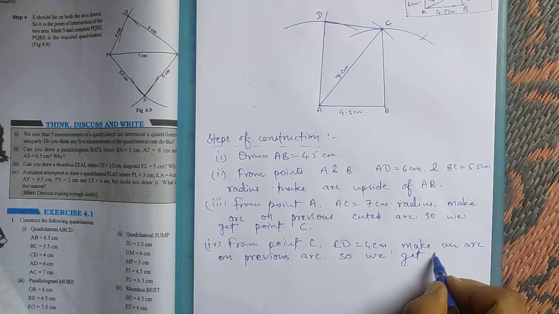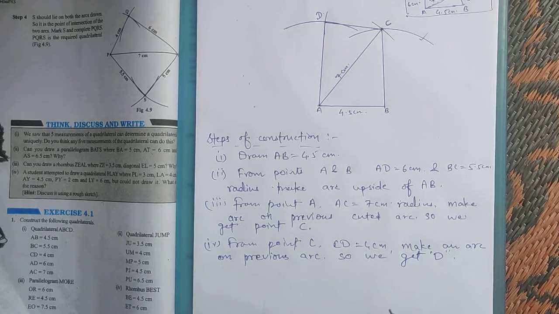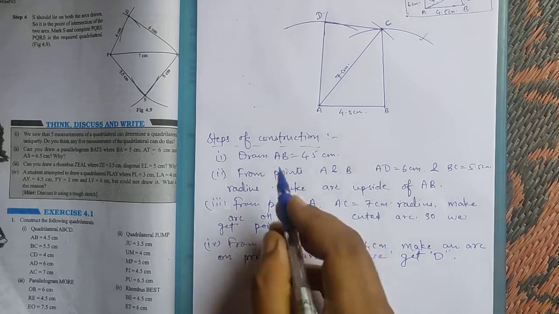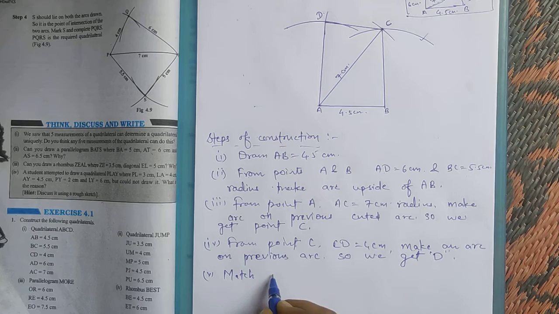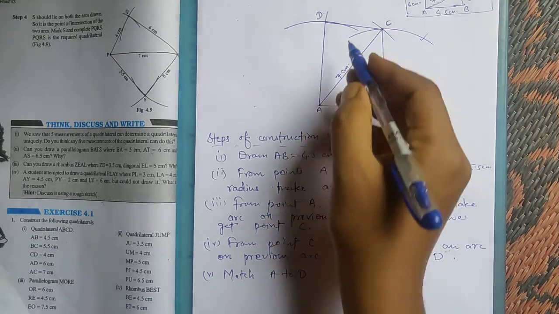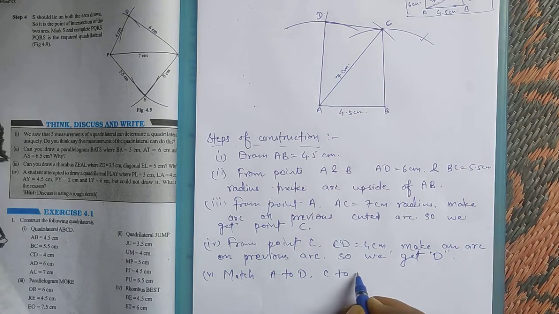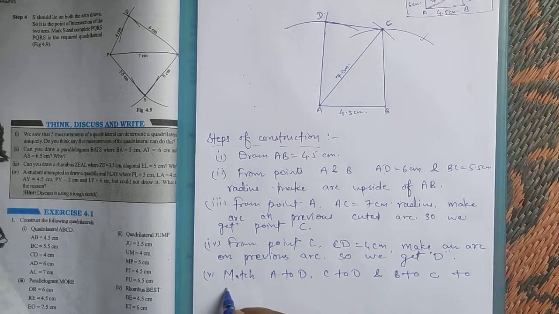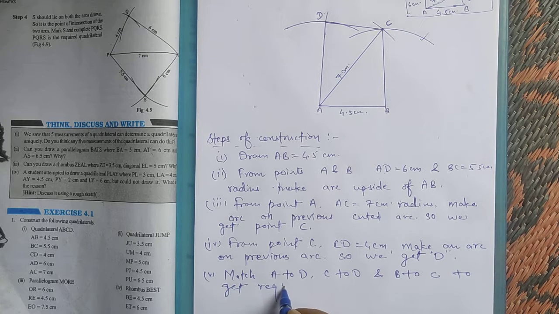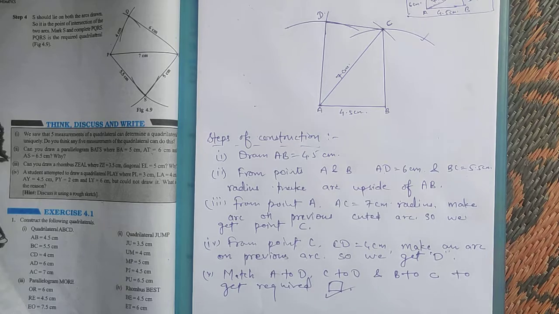We got point D. After getting point D, we joined all these points: A to D, C to D, and B to C to get the required quadrilateral. In the place of the word quadrilateral, you can use the symbol also. So that much is the only criteria to construct a quadrilateral.